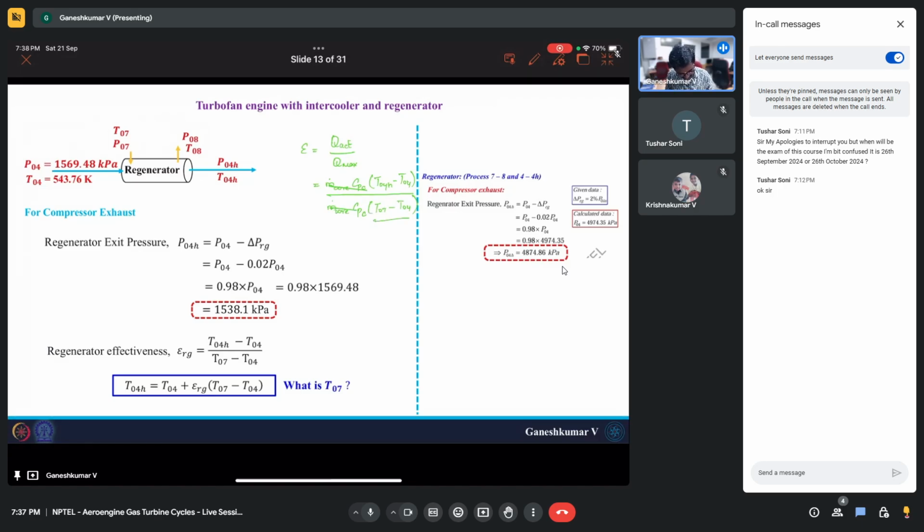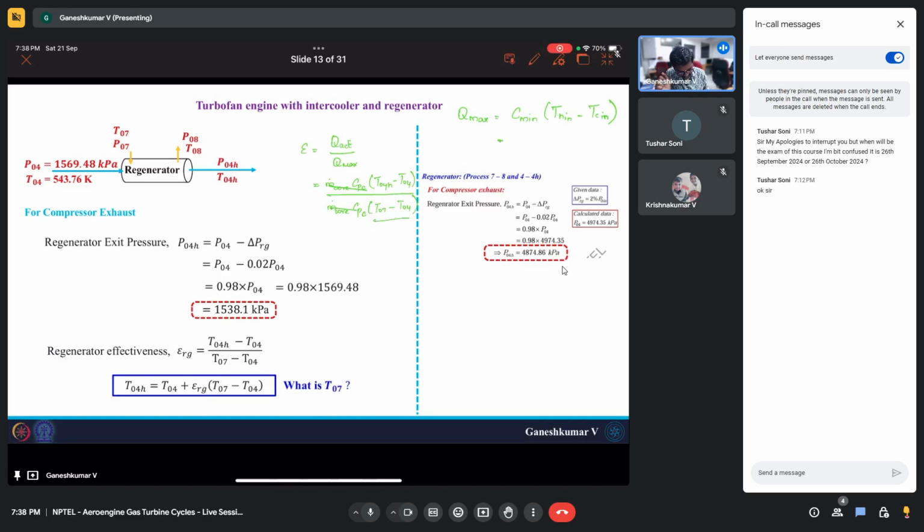The Q max that we write here is nothing but C min times TH in minus TC in. This is the maximum heat transfer, and you're not worried about which stream is going through that heat transfer. So the C min here is CPC.